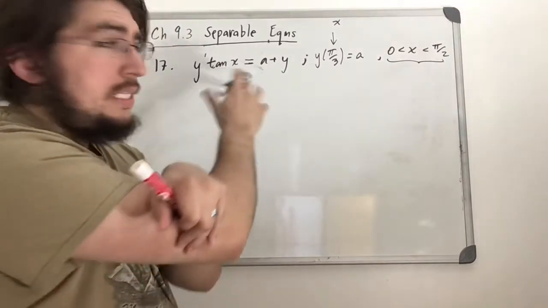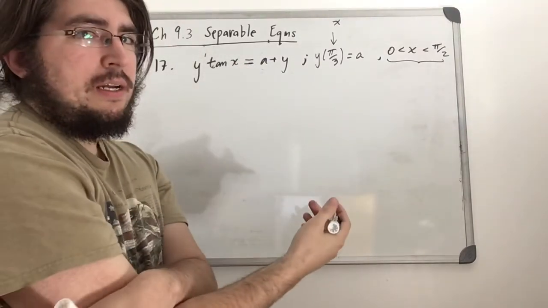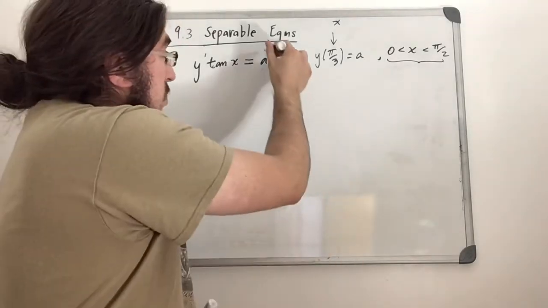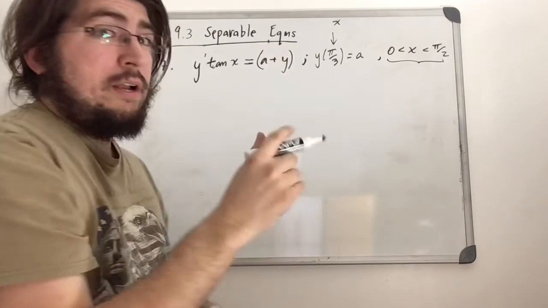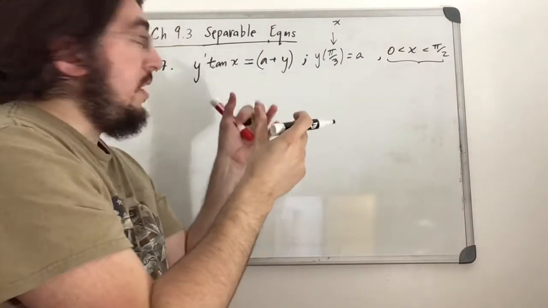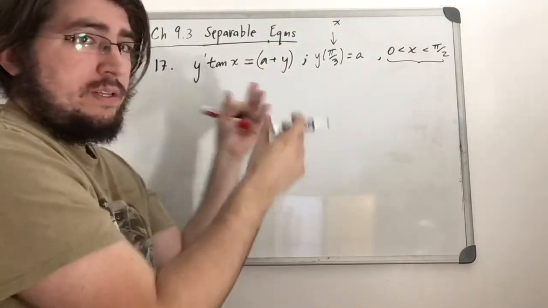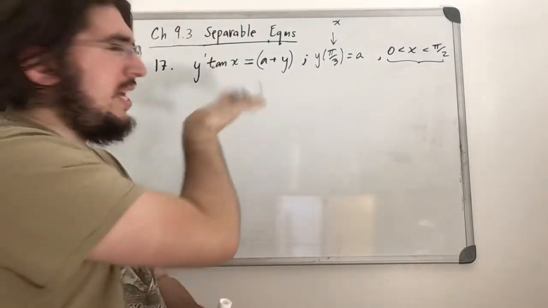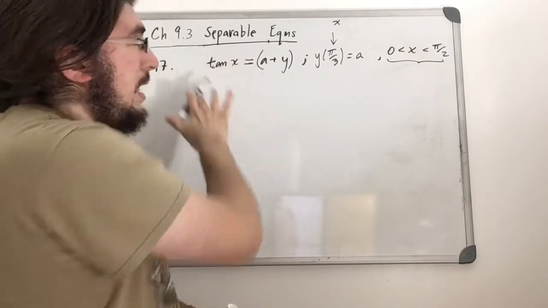But again, since it's addition and not multiplication, can we really cross multiply and cross divide? Well, in order for us to do that, we'd have to treat this a plus y as one thing. So if we're going to divide it onto the side where y is, we have to divide it as one whole thing. Speaking of which, this y prime, we don't really like this y prime notation when it comes to separable equations.